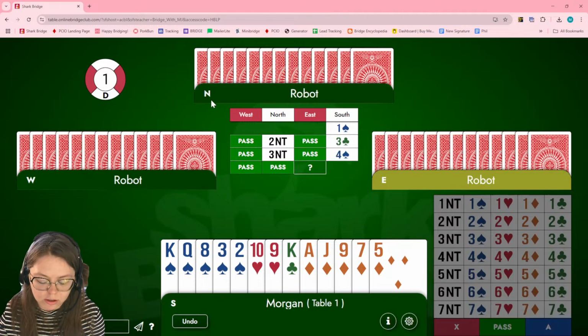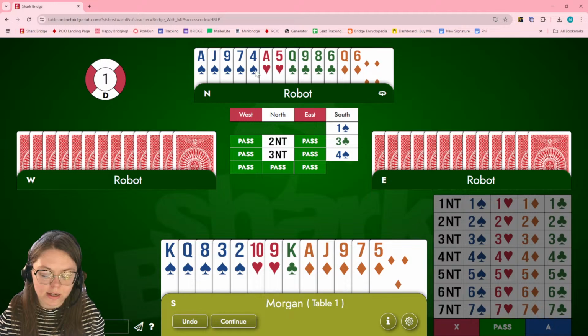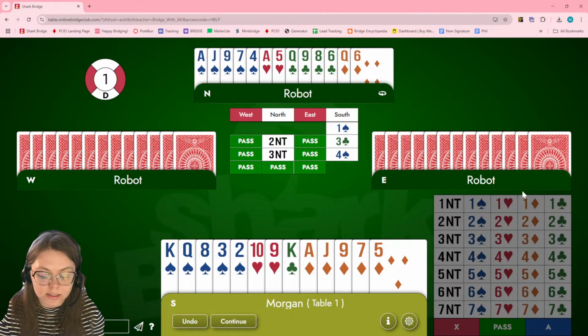I have no interest in going to slam. So I guess that's more of what they meant, I think. But regardless, my bid here was 3 clubs, and they decided to show 3 no trump as sort of showing that they have clubs stopped, and that they are willing to play there.